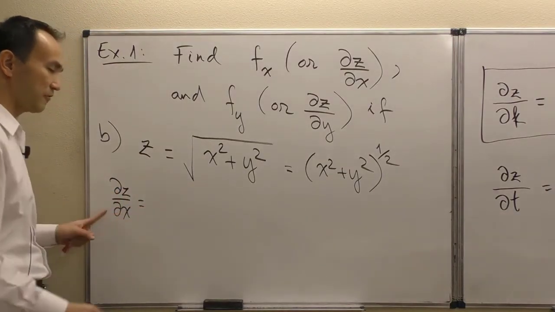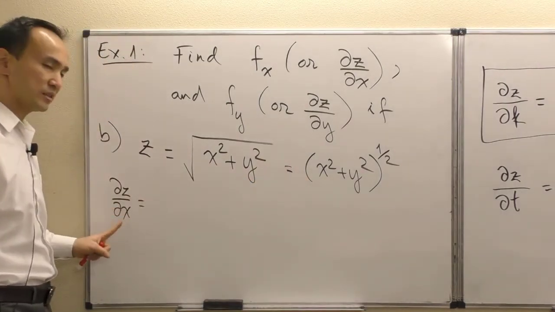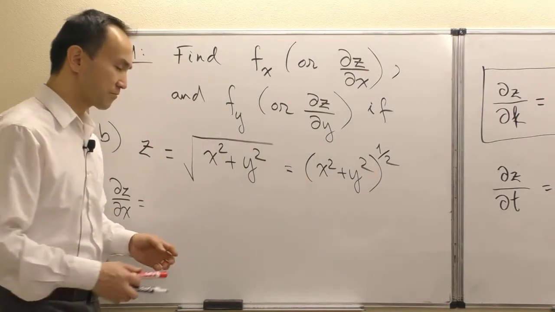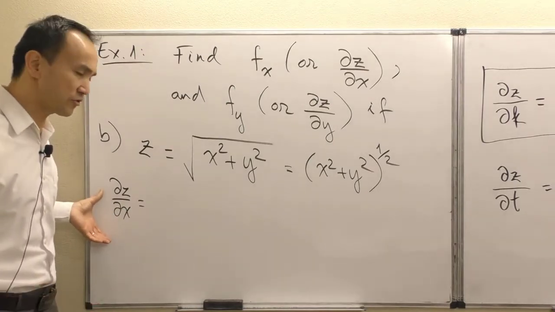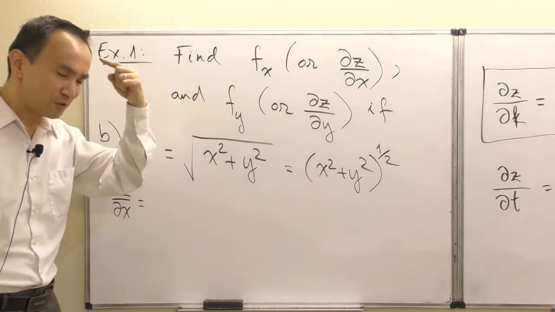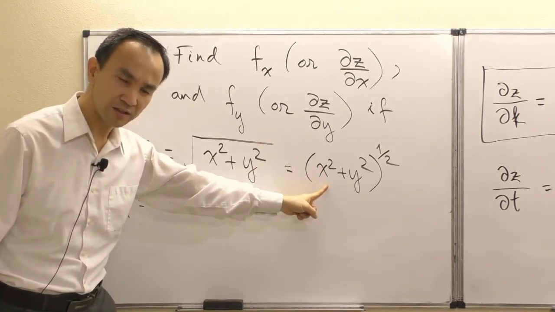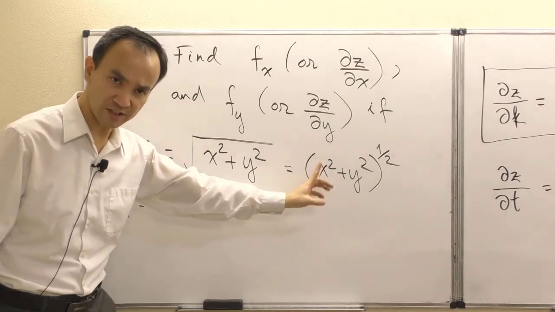I want to find the partial derivative of this function with respect to the x variable. Upon seeing this notation, it instructs my mind and your mind to focus on the x variable as the main variable.